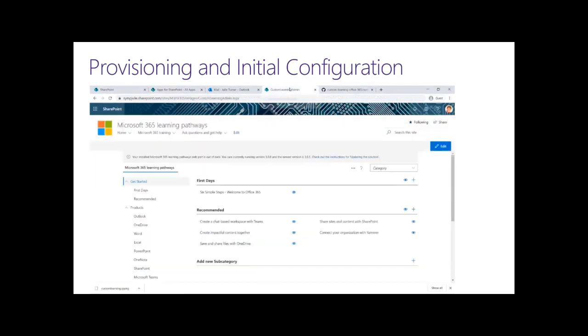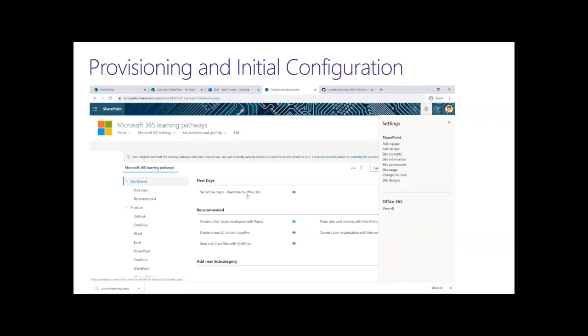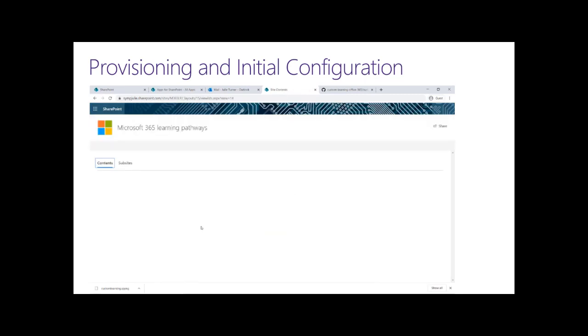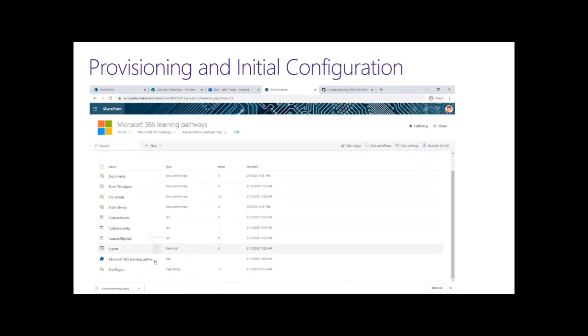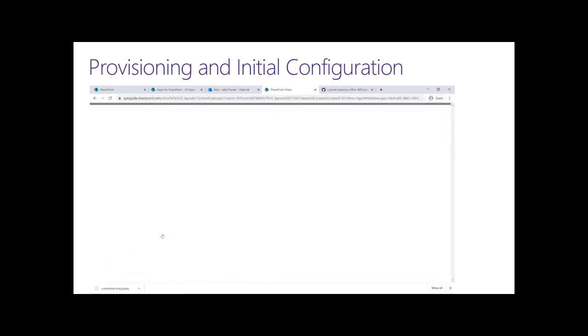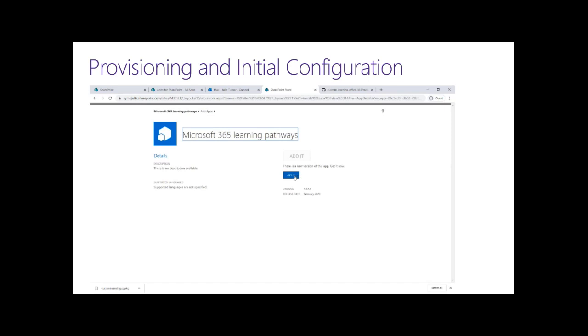So we go back to our admin web part. And the other thing we do, although not entirely necessary, is you go to the site contents and you will see that Microsoft 365 Learning Pathways is in there. And if we go to details, you're going to see that we have a new version.